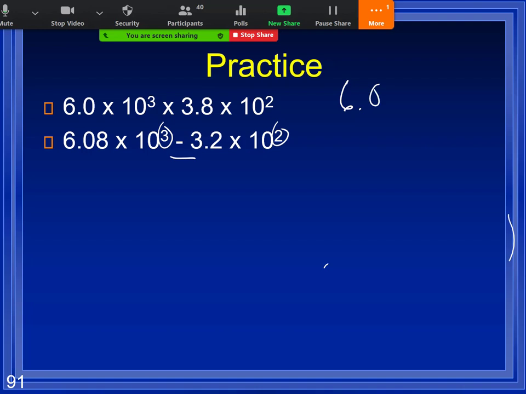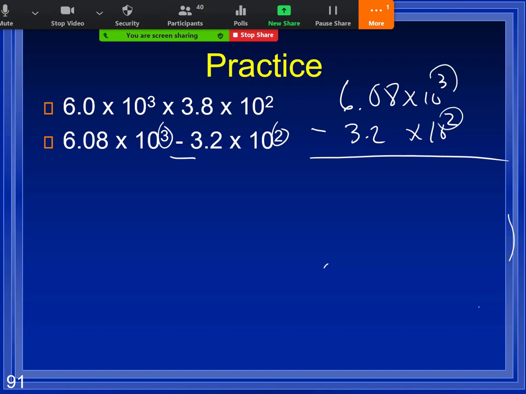So I'm going to take 6.08 times 10 to the third, and I'm subtract 3.2 times 10 to the second. That's my goal. But I really need to line them up, and these exponents aren't the same. So I need to fix one of them. It doesn't matter which one, but I find I have more luck if I make the small one bigger.